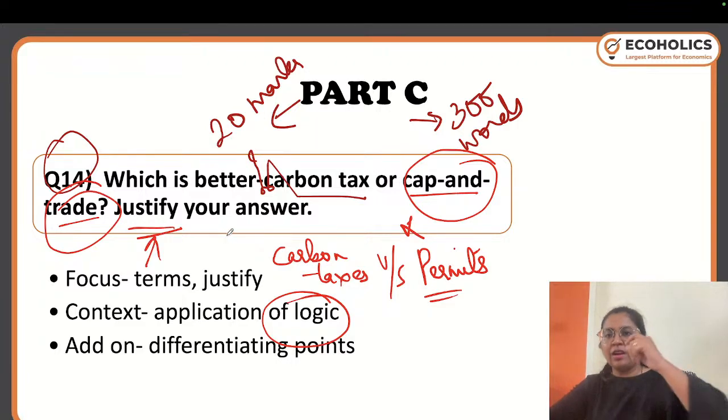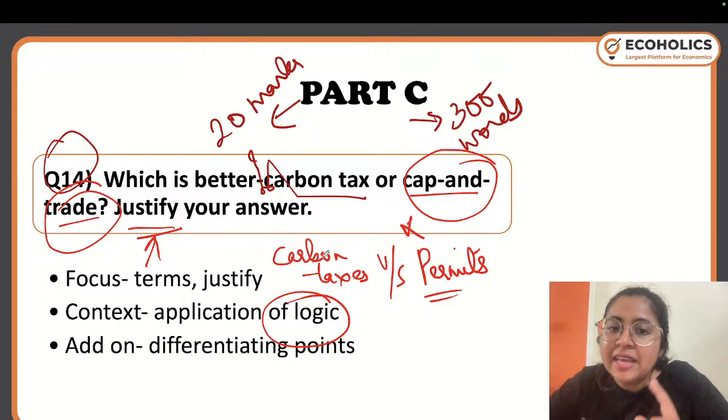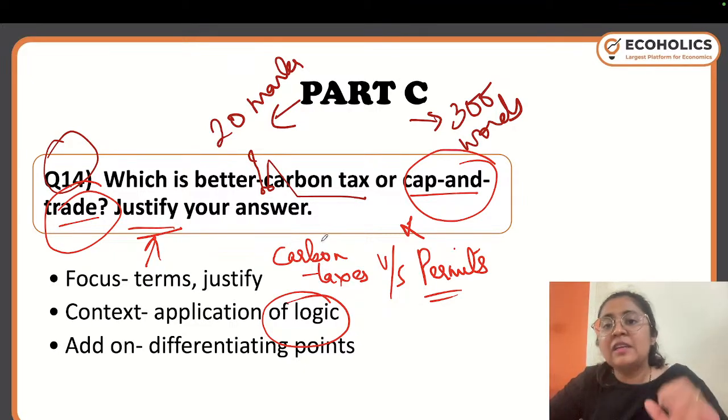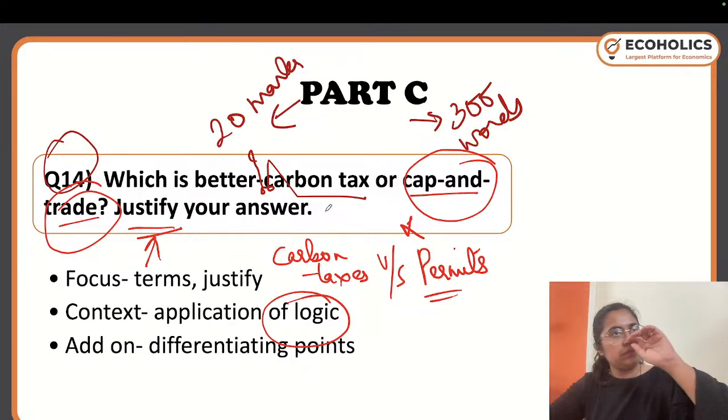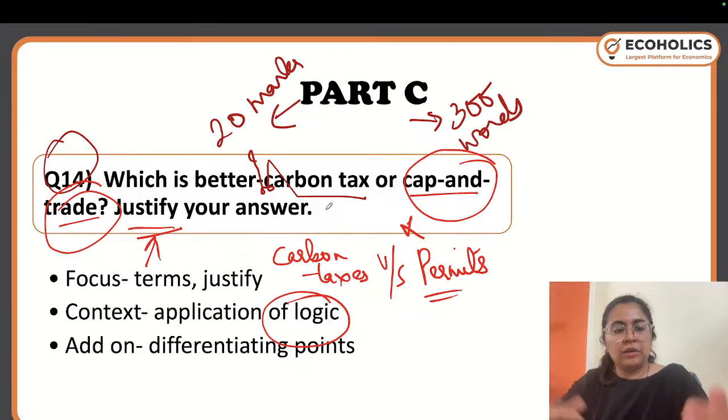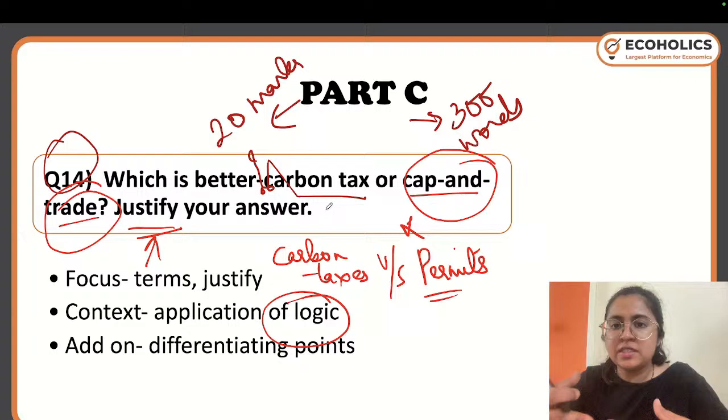I'll give you a small example of this. Carbon taxes are basically where the industries are obstructed, the doors are closed due to taxes.